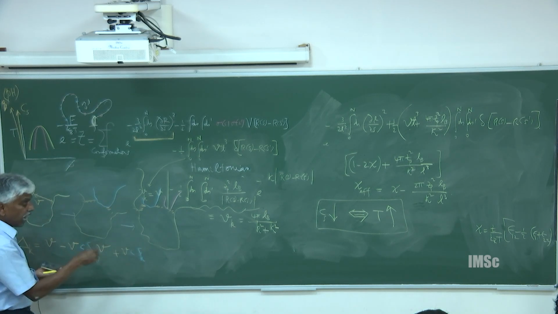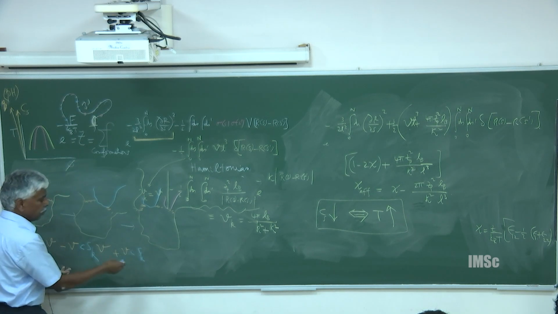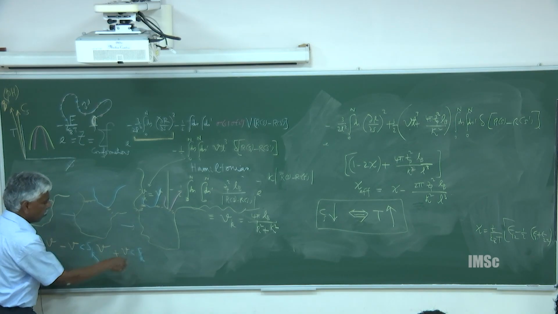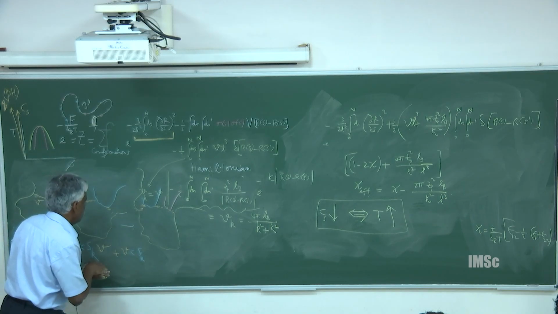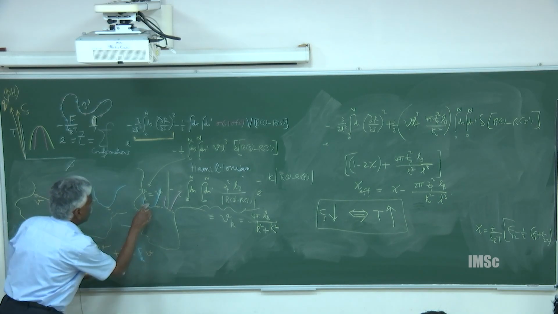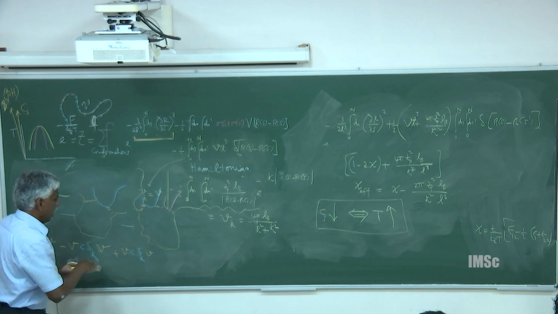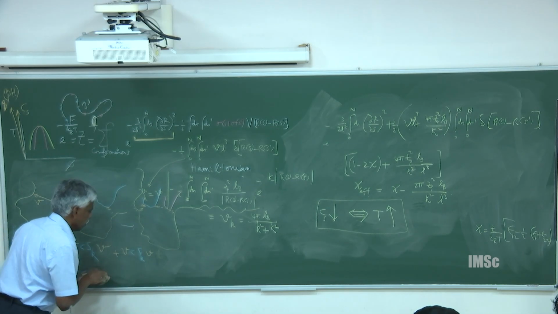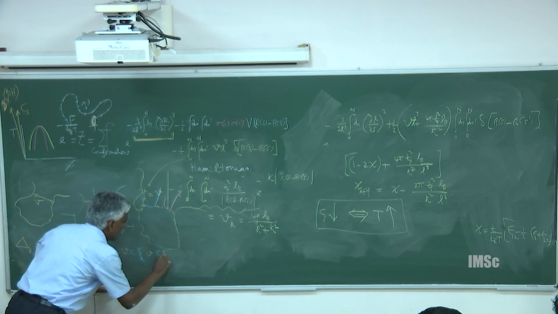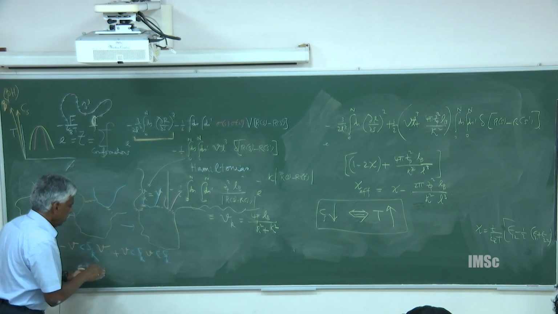S k is 1 over k square. Remember the fractal dimension of a Gaussian chain, 1 over k square, inside the polymer coil. And then I have V, and then again C S k. C is the concentration of the polymer. C S k, and then another V, plus etc.